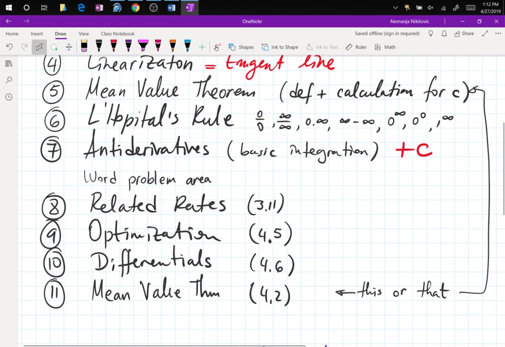L'Hopital's rule we covered today in detail. You have 5,000 examples. So generally for exams, it's either a vanilla case, be careful with derivatives, or 0 times infinity, or one of the others. Infinity minus infinity is rare. It's not impossible, but it just takes forever and we don't have time.